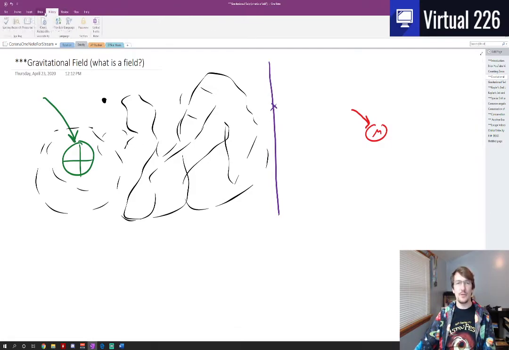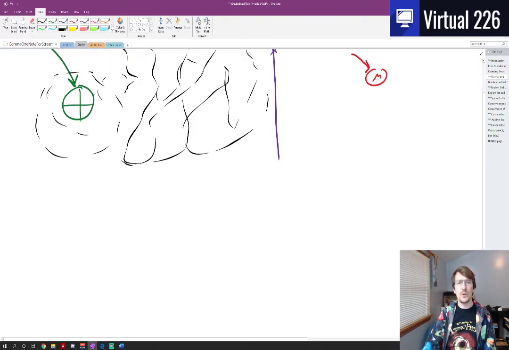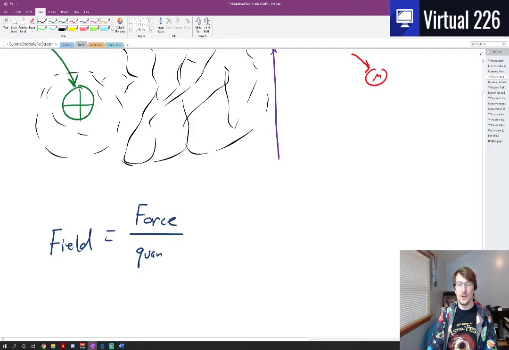Traditionally, whenever we write out our fields, we typically write that the field is equal to, and for our case, this isn't always true, but for what we're going to look at, they're normally equal to some force amount, that's why it's a force field, divided by some quantity.